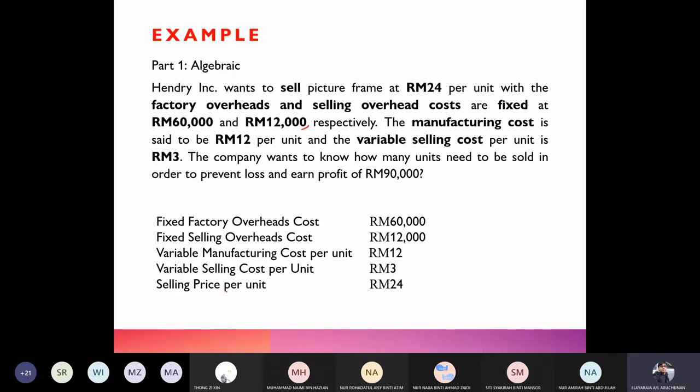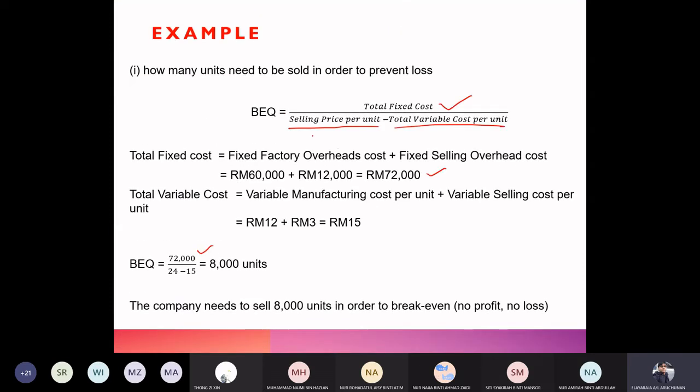The selling price per unit is 24 ringgit. The total variable cost is 15 ringgit, after we add up the variable manufacturing cost and the variable selling cost. So we substitute 15 here, simplify it, and we get the break-even quantity, which is 8,000.